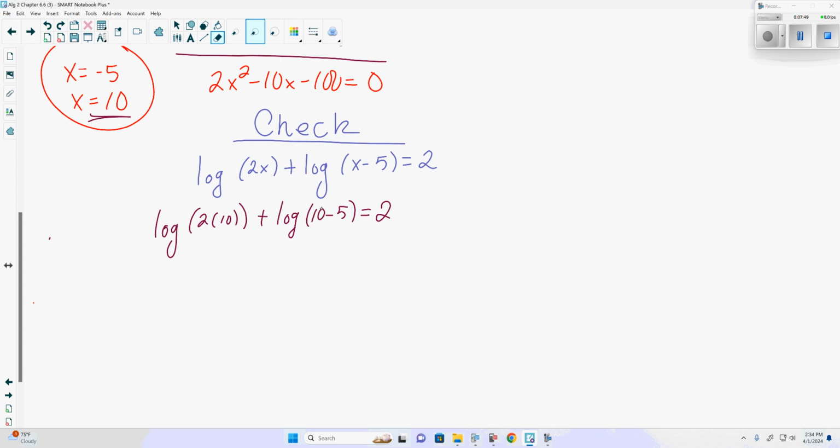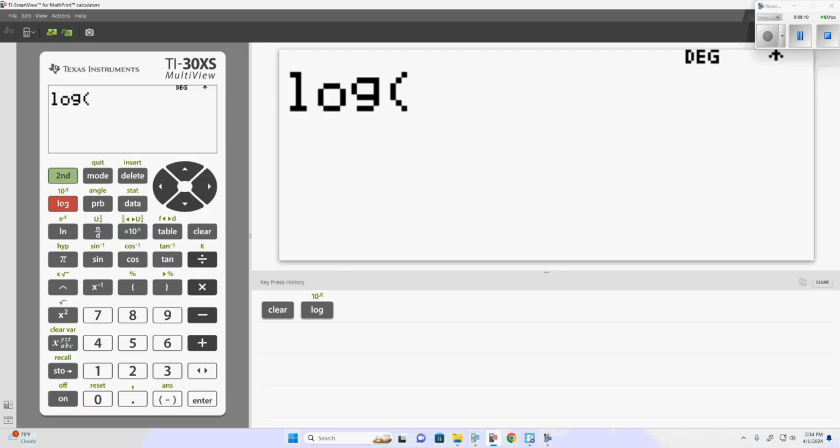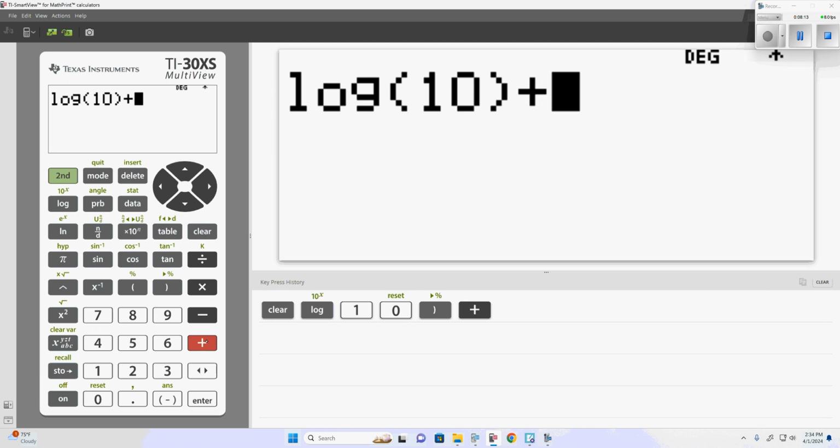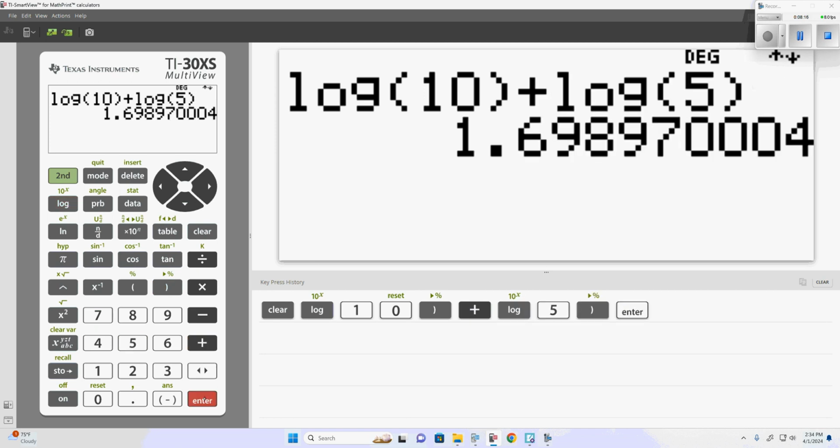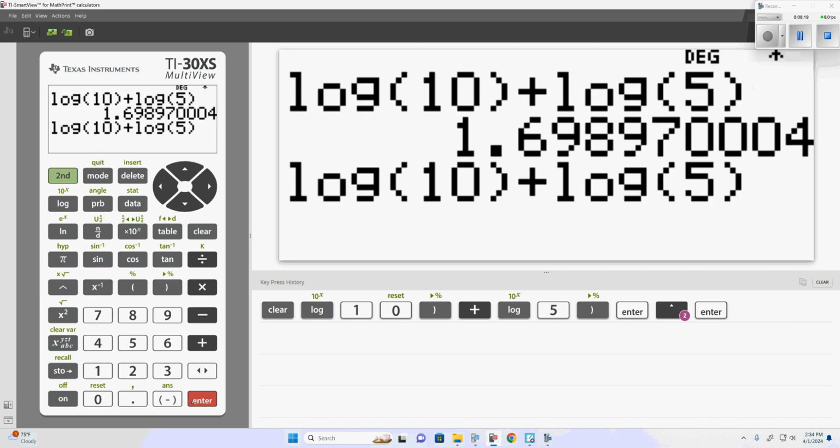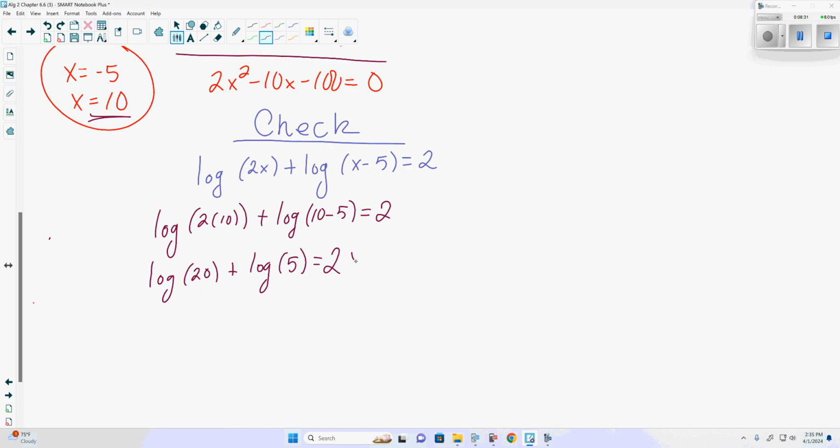Because if we do this with 10, 2 times 10 would be log of 20, plus log of 10 minus 5 is 5. So we're trying to see if log of 20 plus log of 5 is 2. At this point, we'll need the calculator. We're not finding log of 10. What are we finding? Log of 20. Log of 20 plus log of 5 is indeed 2. That's what we wanted. And that means it is indeed true.